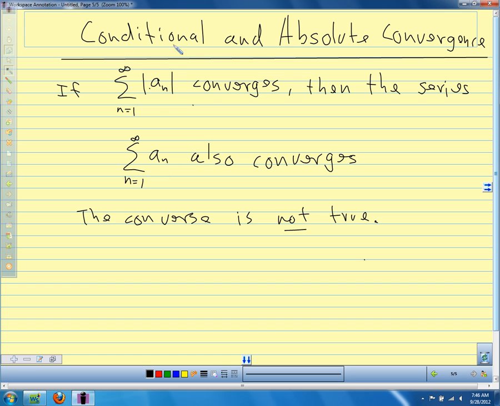Using this theorem, we have a couple of definitions. Our first definition is absolute convergence.